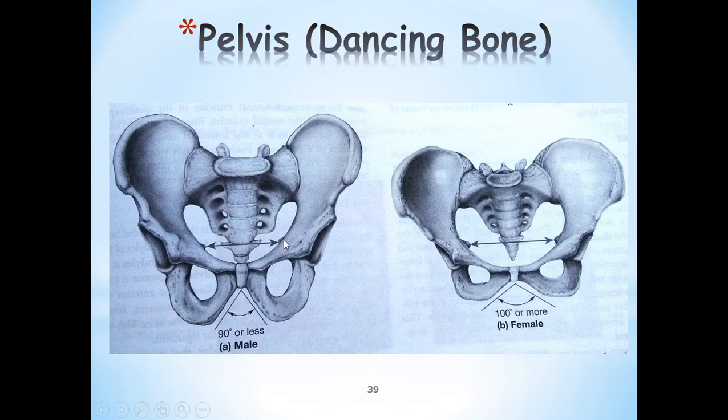But when you compare it to the male, look at the angle, mas malawak or mas maluwang ang angle for the female, 100% or more. Why? Because it's for the function of what? For childbearing. Ang male lang is just 90 or less. Okay.